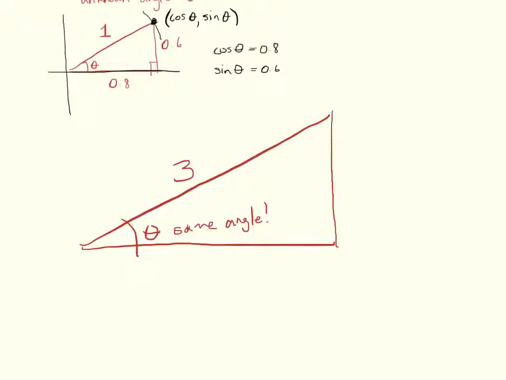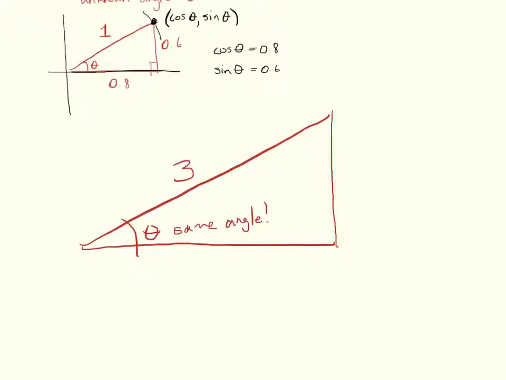And so what do we need to know? First of all, what's the word describing these two triangles? Similar is the word that I'm looking for. So these two triangles are similar.